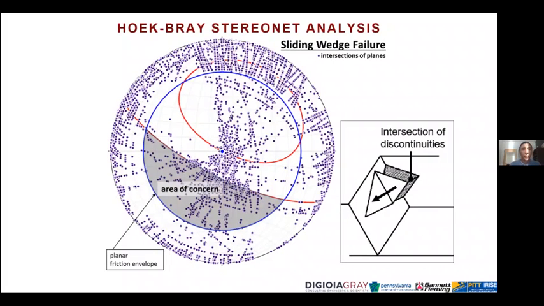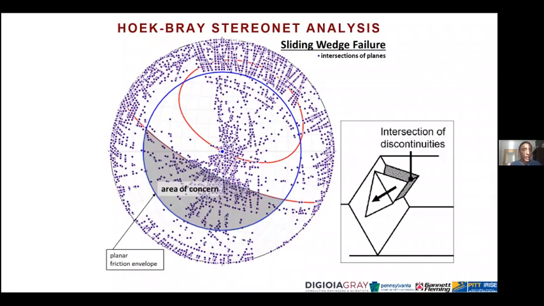And the third main failure mode you can look at is the intersection of the fractures with other fracture sets. And you get sliding wedges if you have fractures intersecting with each other and creating wedges that then fall out of the slope. In this case, you need to be careful looking at this because this plot looks very severe, as if you have a very severe hazard of sliding wedges, but some of these fractures may not be spatially able to interact with each other.